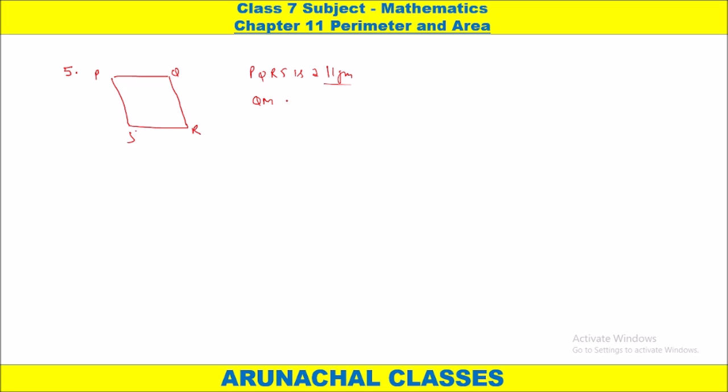QM is the height from Q to SR. So we can see here QM is the height on SR, and QN is the height from Q to PS.